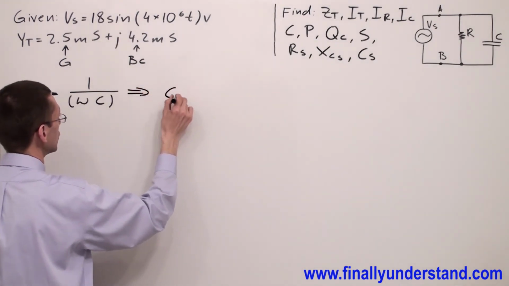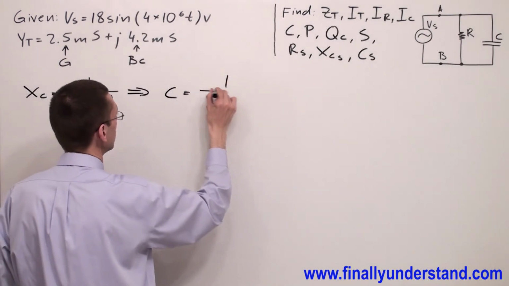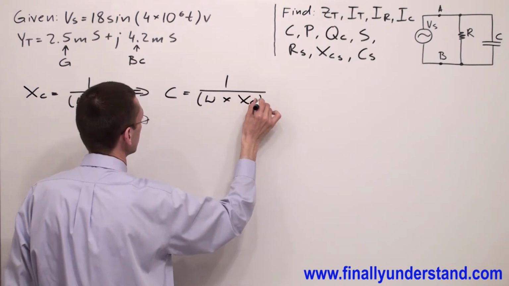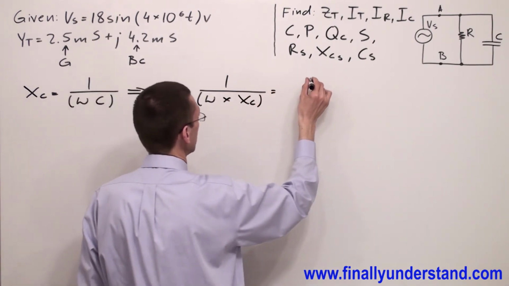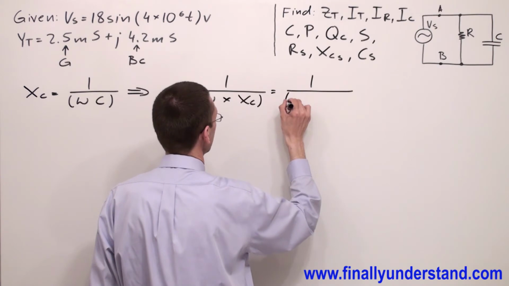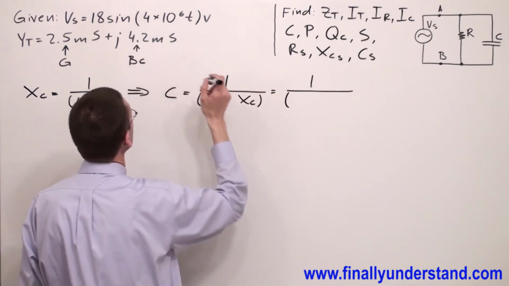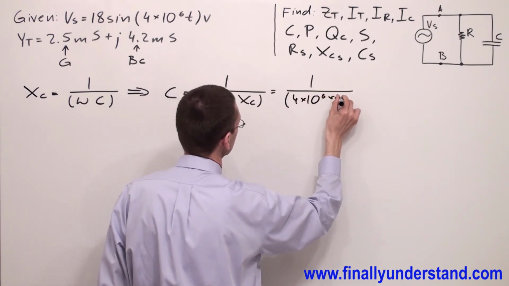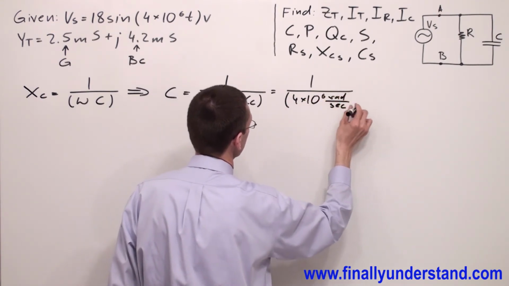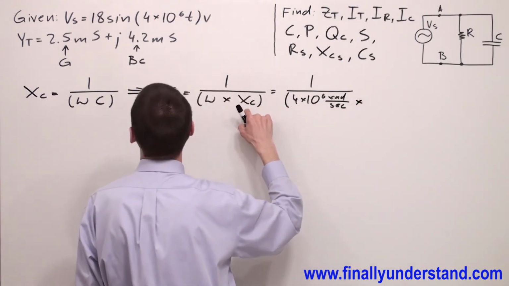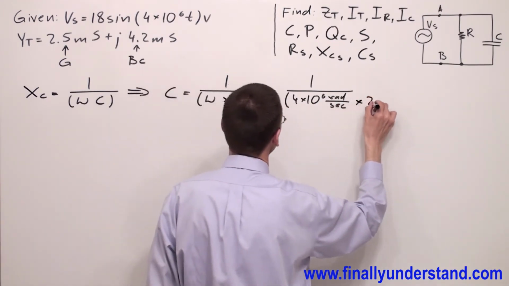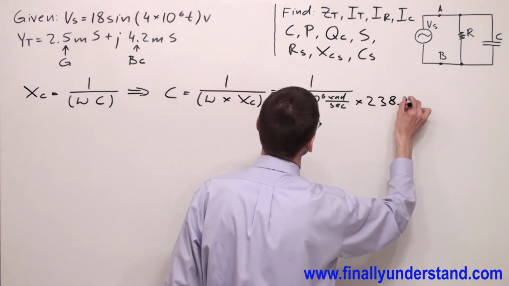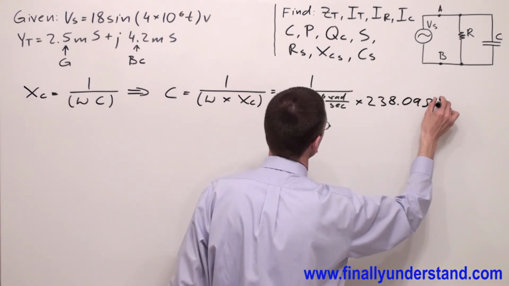So C equals 1 divided by omega times X_C, which is equal to 1 divided by omega, 4 times 10 to the 6 radians per second, times X_C, 238.09 ohms.